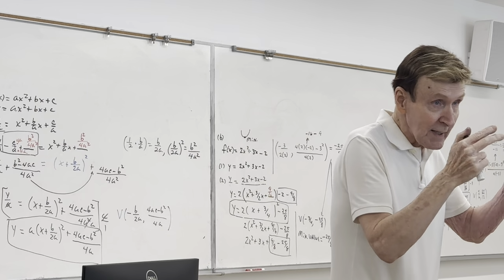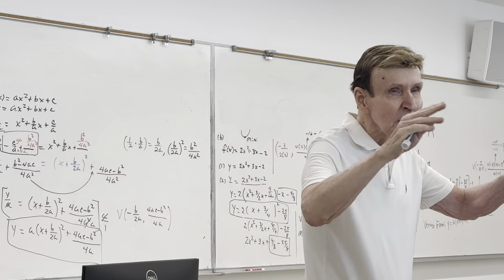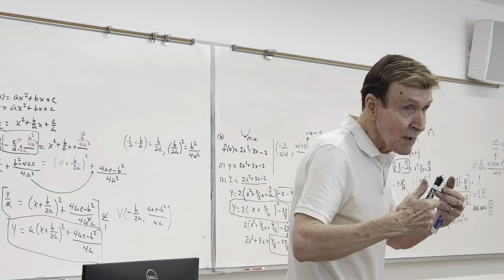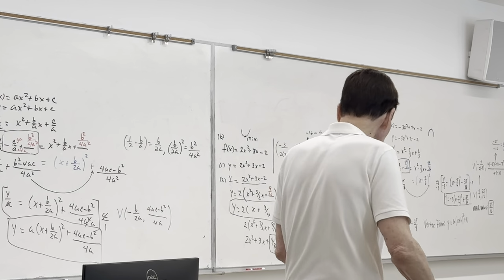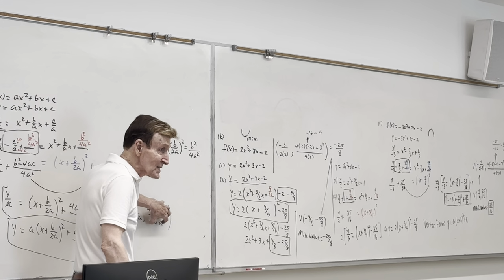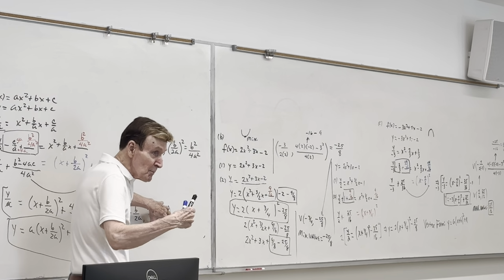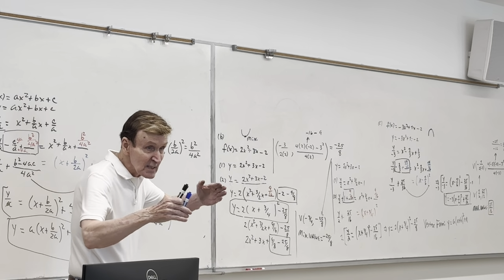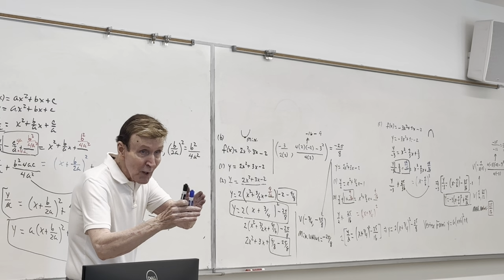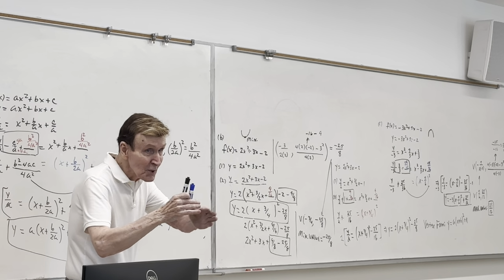I like that, negative b over 2a, so easily memorized. The other part is not as easily memorized. It looks like this, 4ac minus b squared over 4a. Even me, sometimes, because I'm accustomed to b squared minus 4ac, backwards. In the quadratic formula, we're expecting that. No, it's turned around in this formula here.